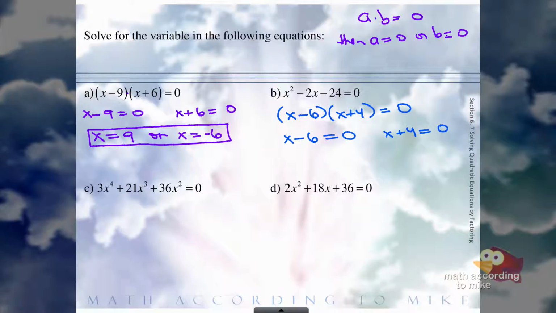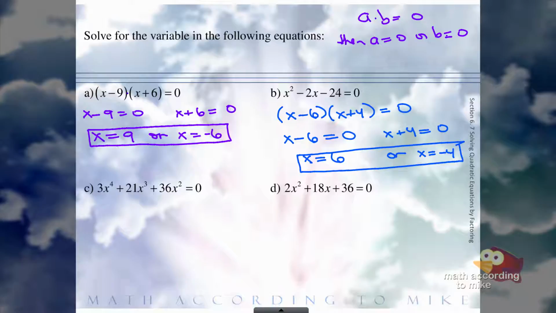If x minus 6 is 0, that means x is 6. Or if x plus 4 is 0, that means x is negative 4. So the two solutions to x squared minus 2x minus 24 are x is 6 or x is negative 4.